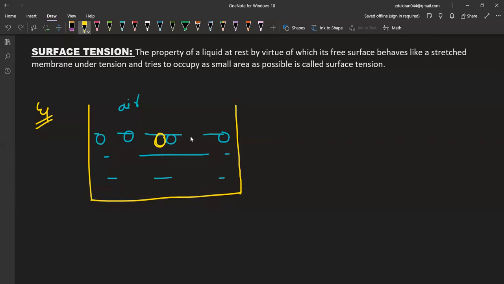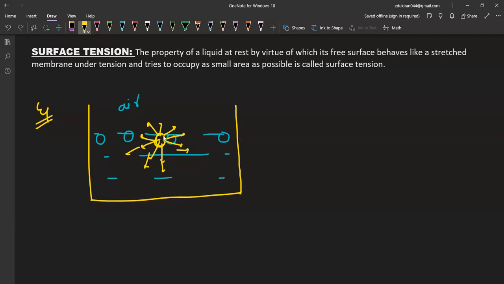These molecules which are present at the free surface, not the depth ones, have the property to stretch themselves. Then this upper free layer acts as a membrane, and a continuous force is being applied to stretch them. This force that is being created is called tension. And since it is occurring in the superficial surface, the free surface, we call it surface tension.